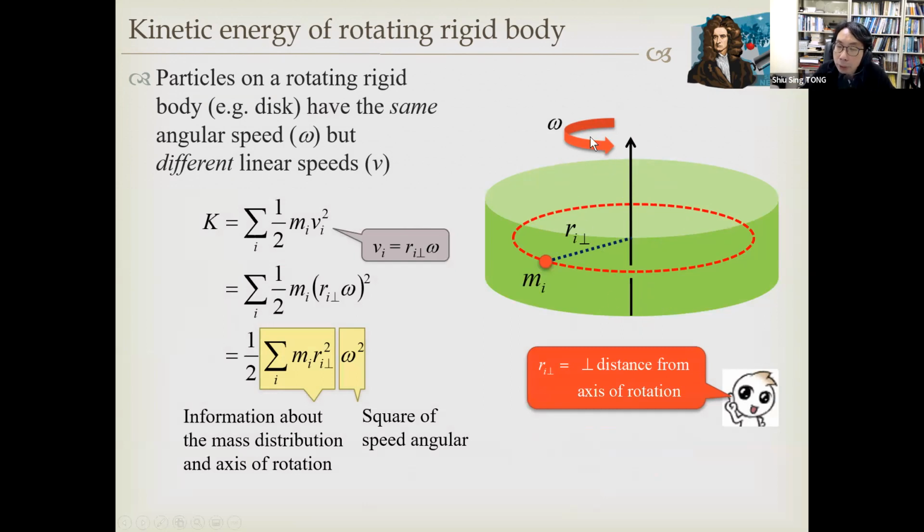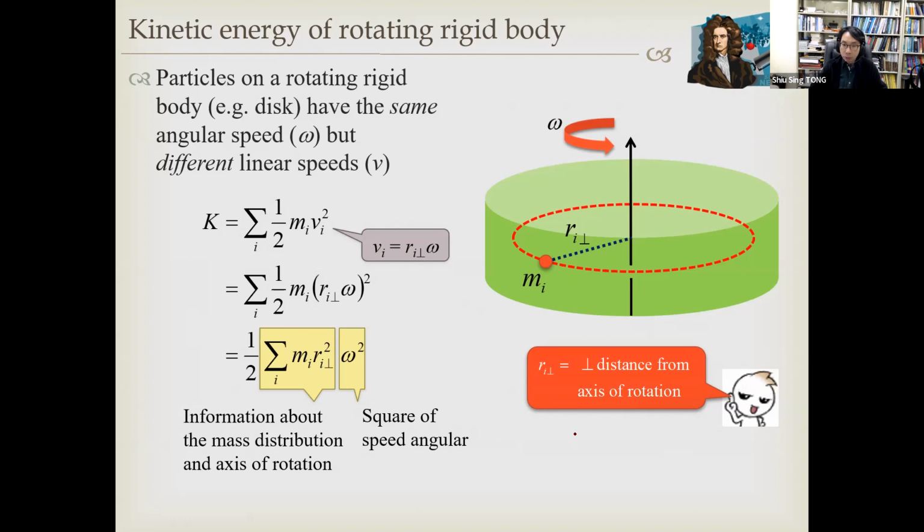You should notice that the quantity omega is common to all the particles inside the object, because omega is the angle turned through by the object per unit time, and that angle is the same for all the object, right?